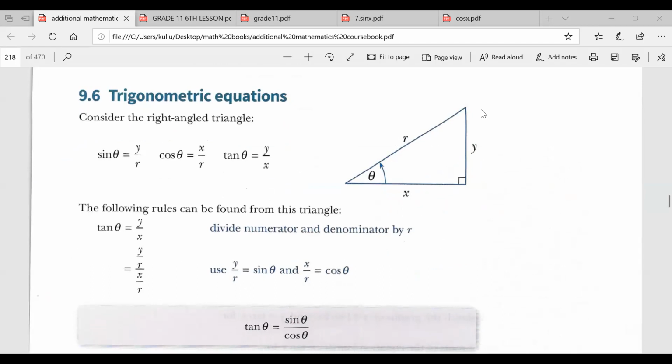you see here is our triangle, right angle triangle, and sine theta equals opposite over hypotenuse, y over r. Cosine theta equals x over r. Tan theta equals y over x.